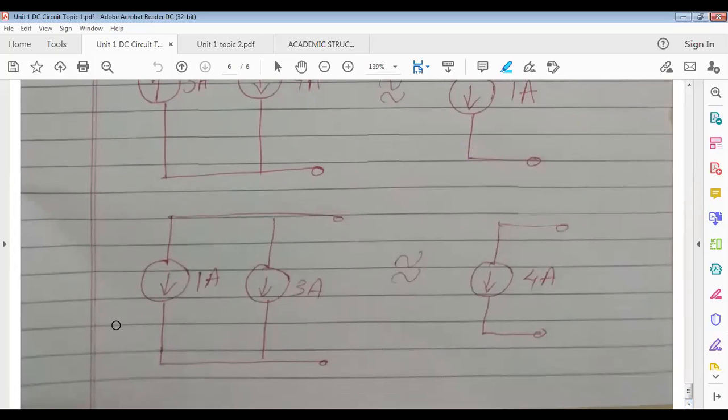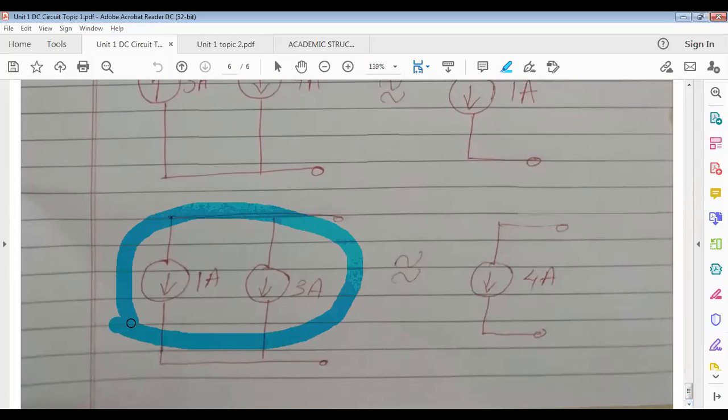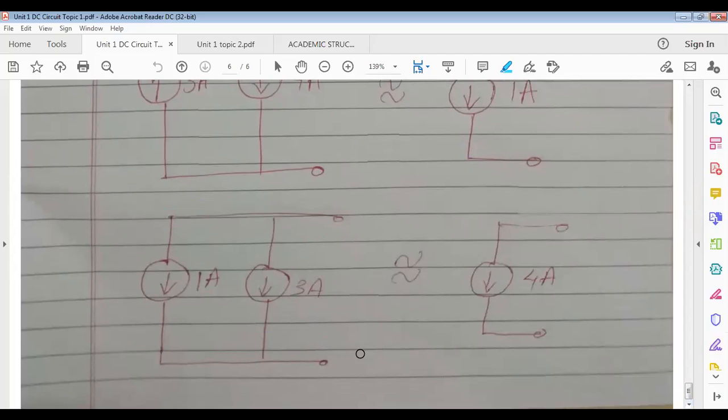Now 1 ampere and 3 ampere current sources are connected in parallel. What about their current direction? In which direction are they connected? In downward direction. So downward. So will you add them or subtract them?